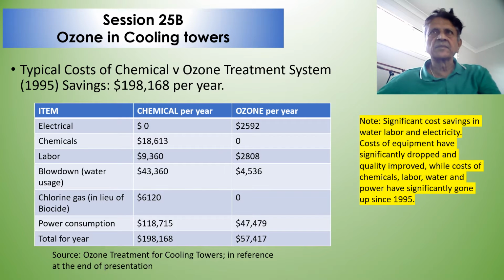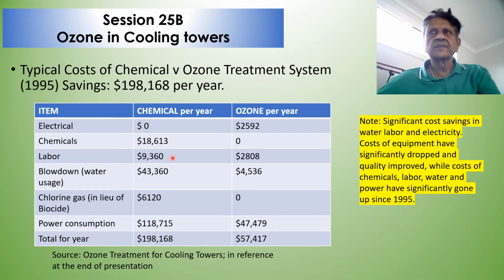Of course, this particular cost structure is stated at 1995. So the current cost of chemicals would probably far exceed this amount. The labor cost for chemical treatment will be about $9,000 a year.